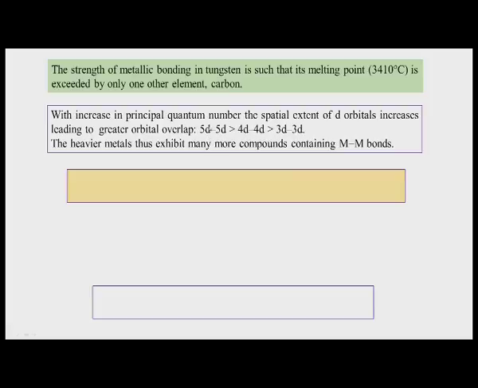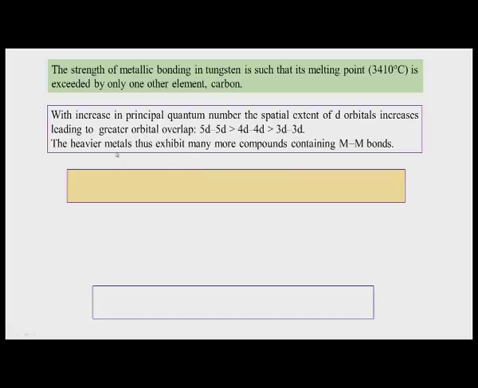So, you will have a 5D interaction which is higher than that of the 4D interaction, which may be present in molybdenum and which is still less for the chromium interaction. So, as the size of the d orbitals and their spatial occupancy is increasing, they can have a higher degree of overlap between these orbitals. So, the trend in the overlap for metallic bonding would be 5D greater than 4D, which will be greater than 3D.